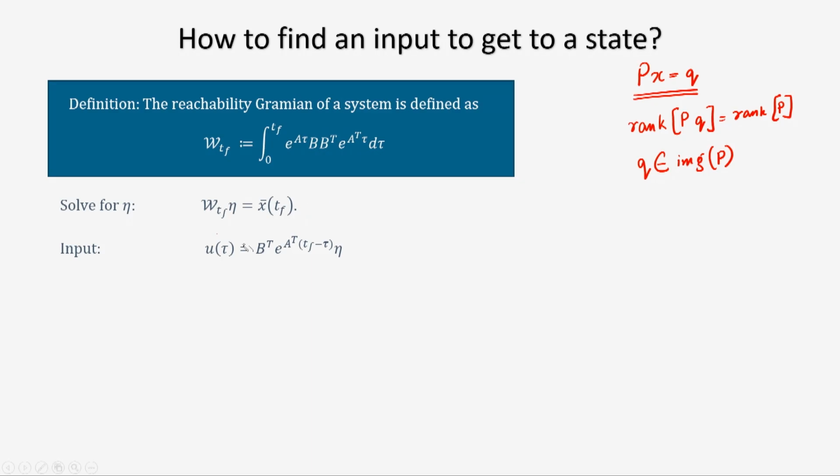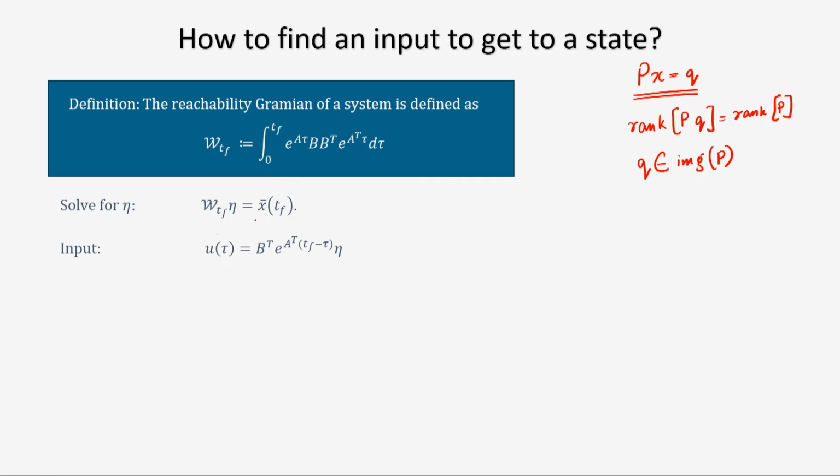Now, what do you think that means? That means the reachable states or the controllable states must be in the image of W(t_f), right? Because for this equation to be solvable, I know that x bar must be in the image of W(t_f), then only this becomes solvable.